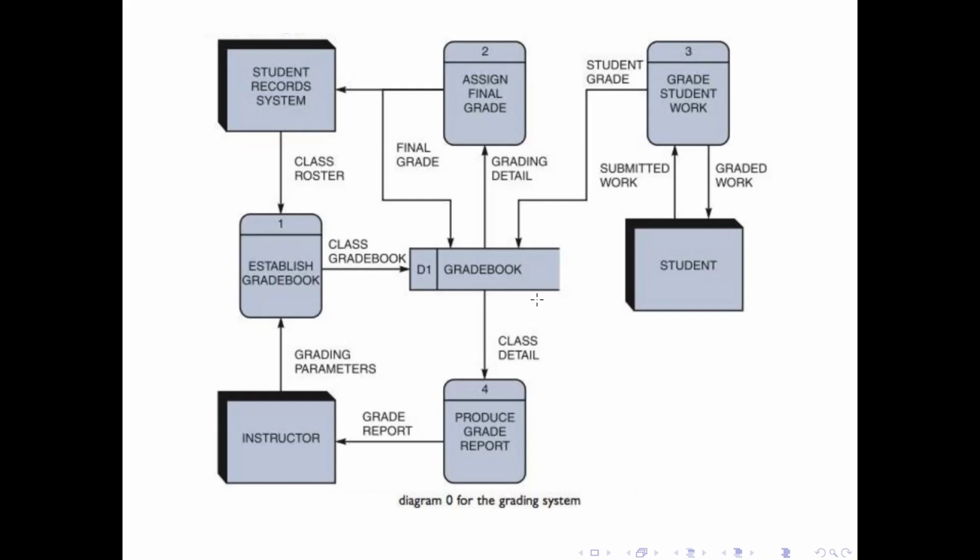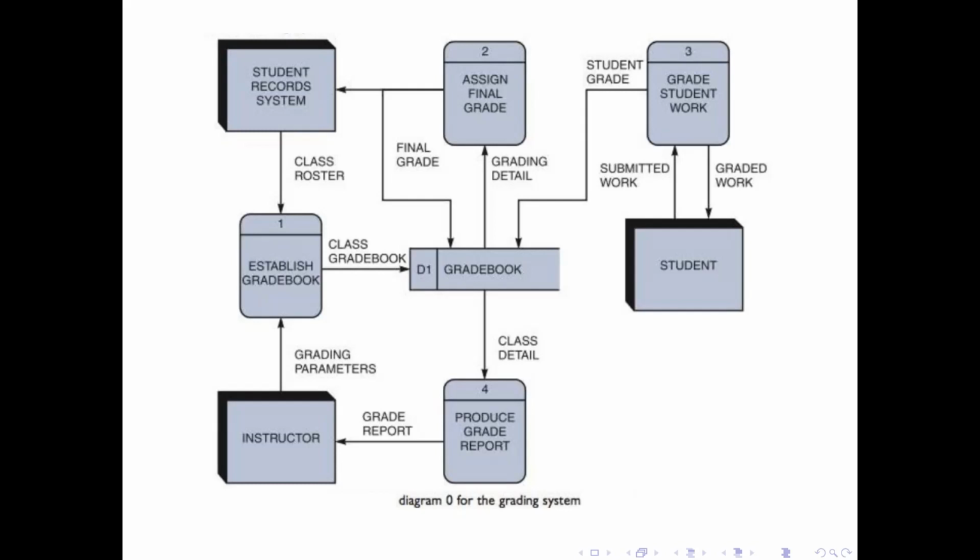Then for the second one, you can see grading details you are taking from the gradebook. And then finally, you will come back to the final grade. Then in the third one, grade student work, you can see the student will submit the work and you can see the graded work, and the student grade will be recorded in the grade book.